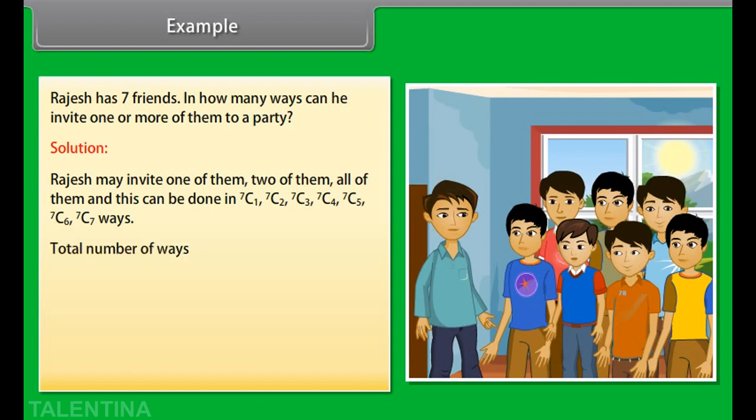Total number of ways is equal to 7C1 plus 7C2 plus 7C3 plus 7C4 plus 7C5 plus 7C6 plus 7C7, which is 7 plus 21 plus 35 plus 35 plus 21 plus 7 plus 1, equal to 127.